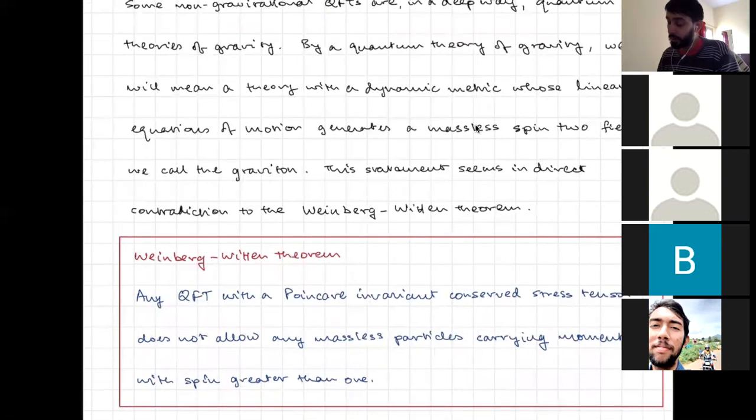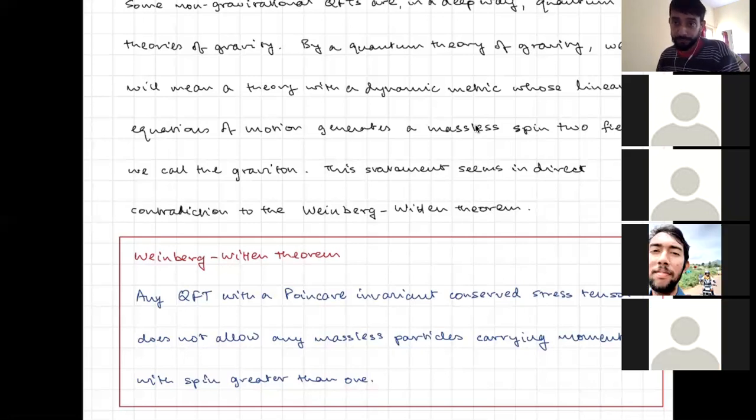It says that any quantum field theory which has a Poincare invariant conserved stress tensor does not allow any massless particles carrying momentum which have spin greater than 1. So you can at most have something that is massless with spin 1 and nothing above that.